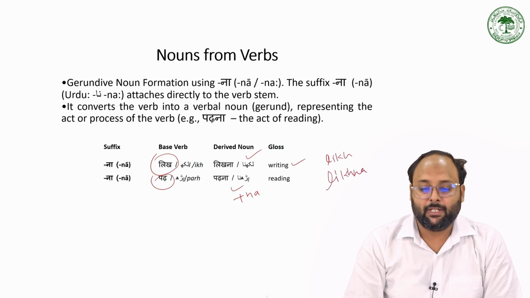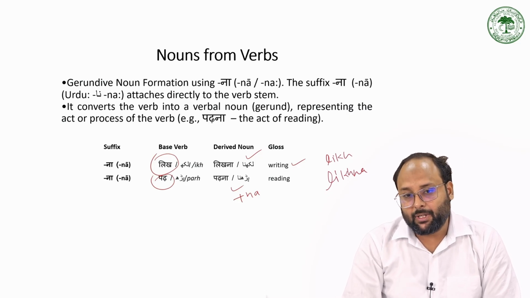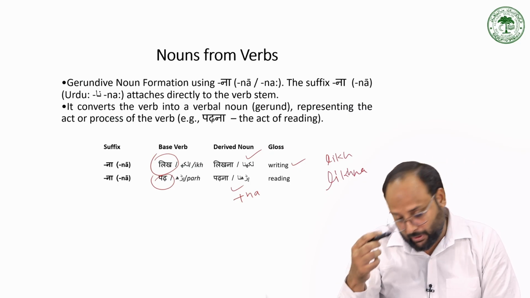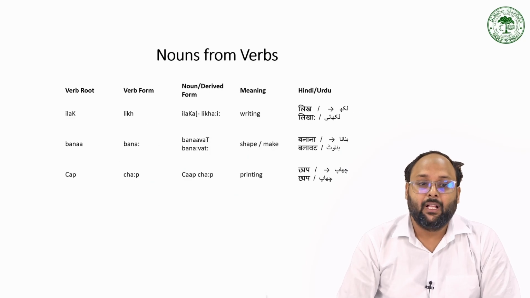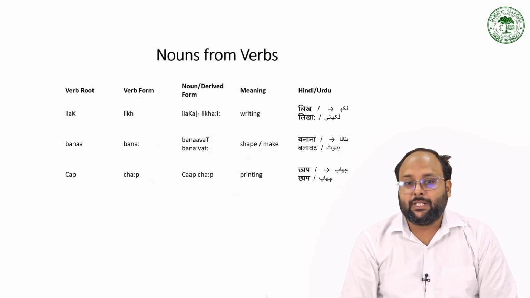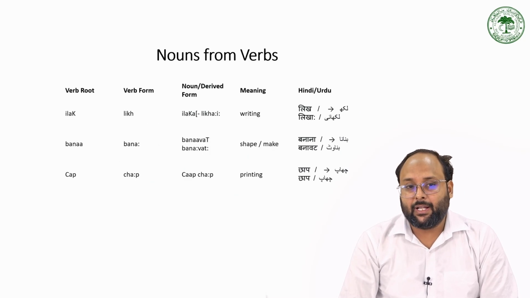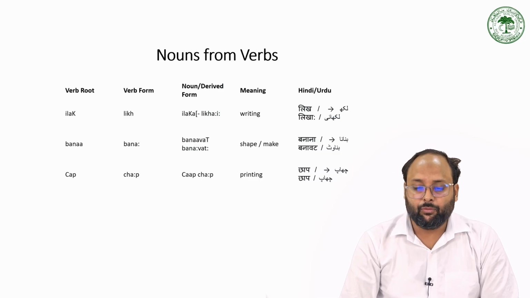For example, if somebody says पढ़ना अच्छी बात है or लिखना सीखना चाहिए. These kinds of derivational nouns we use in a sentence. And we have many more examples where we derive the noun from the verb.